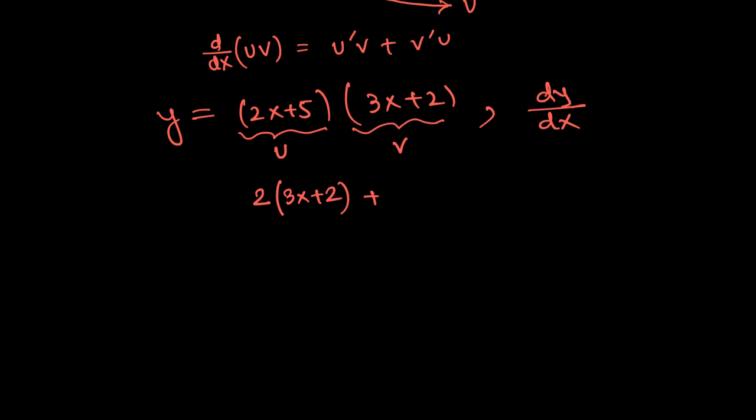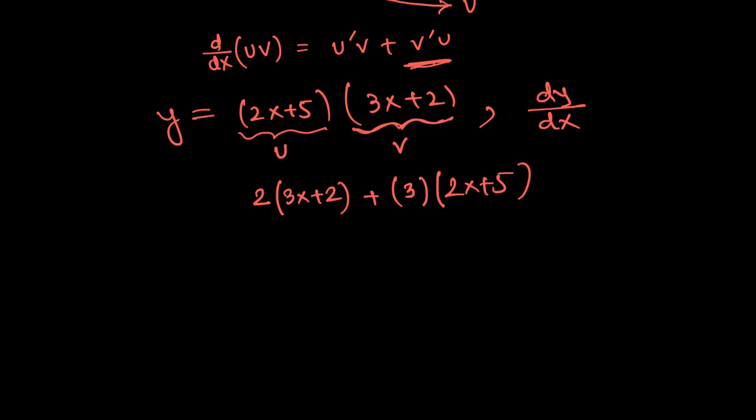The derivative of v, which is v prime, is basically 3, and then you multiply u as is, as per this formula, v prime u. So the 3 is the v prime, and then you multiply the u expression as is, and u is 2x plus 5, so we can write 2x plus 5.